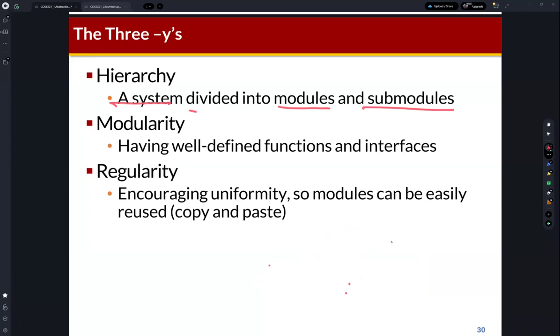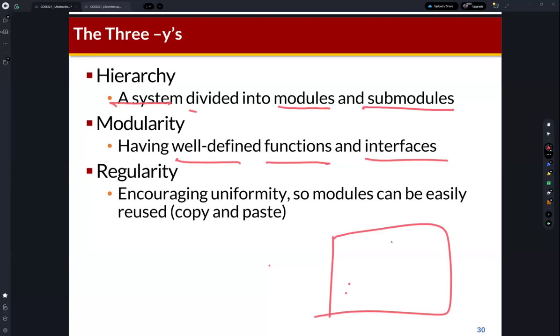And what is modularity? Modularity means well-defined functions and interfaces. In this course, we will learn about modules. I will frequently show a black box. Okay, black box here. But this is a module.